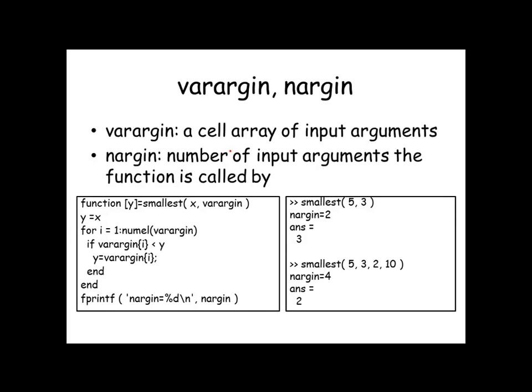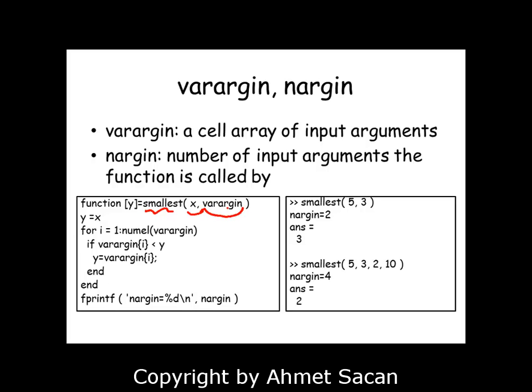Another important use of cell arrays is to capture a variable number of input arguments in functions. Here we have a function called smallest that takes a number of input arguments and returns the smallest one. We have a named argument x, and everything else provided to this function will be captured in the special variable named varargin, which stands for variable input arguments.